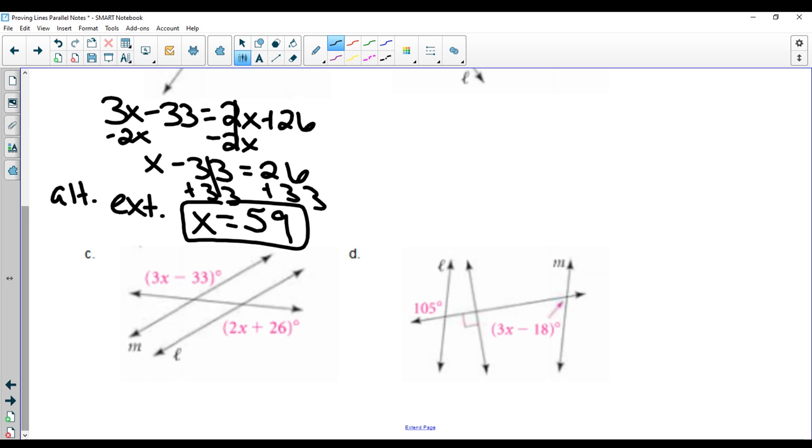All right. Now, remember, we are trying to say if we can prove that line L and line M are parallel. So this extra line right here with this 90-degree angle on it, we're just going to ignore it. It's not needed. Let's look at what we got.